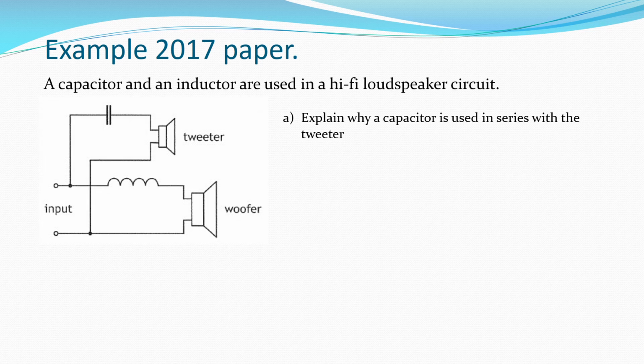In the first part of the question, we're asked to explain why a capacitor is used in series with a tweeter. Now they're in series, so they're both going to get the same input signal.